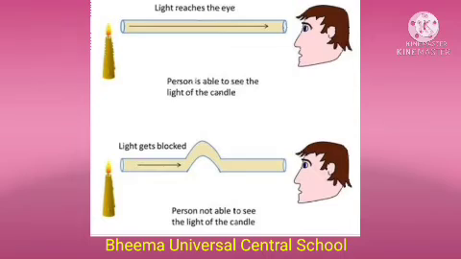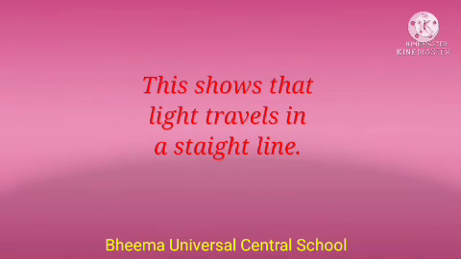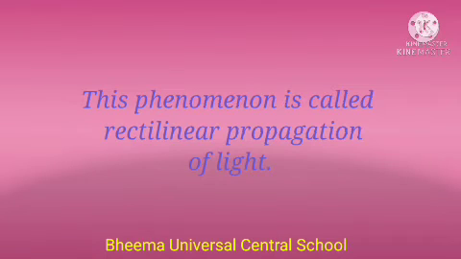If we try to look at a light source through a bent object, it will not be visible, but it is clearly visible through a straight pipe. This shows that light travels in a straight line. This phenomenon is called rectilinear propagation of light.